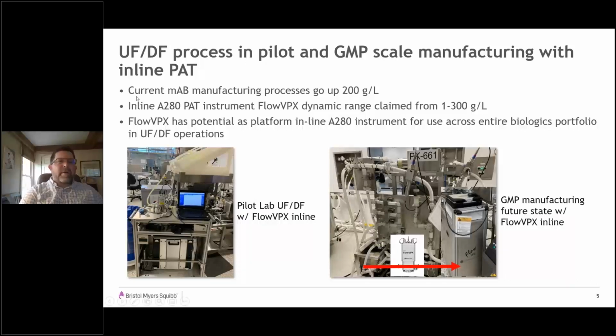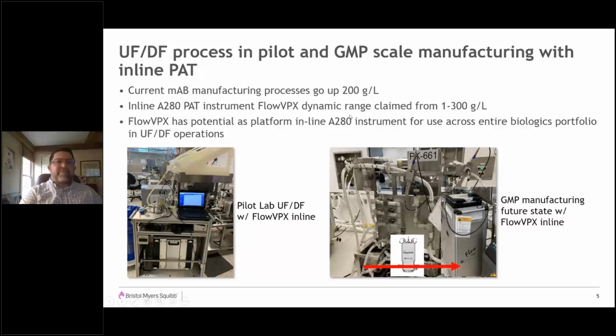So let me talk about why the VPX is a really potentially valuable inline A280 instrument. I'm speaking specifically for BMS. Almost all of our platform monoclonal antibody manufacturing processes go up to 200 grams per liter. They are then subsequently diluted into the 150 to 180 gram per liter range.